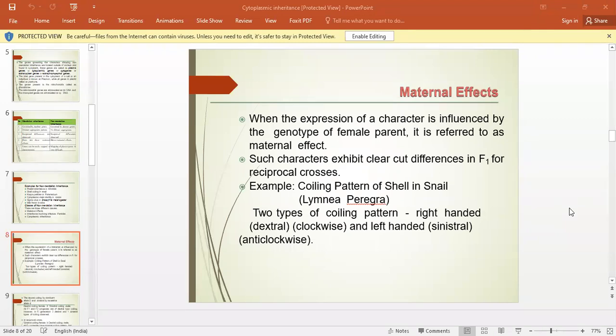So basically remember that in the snail there are two types of coiling pattern of their shell. First one is the dextral and second one is the sinistral.